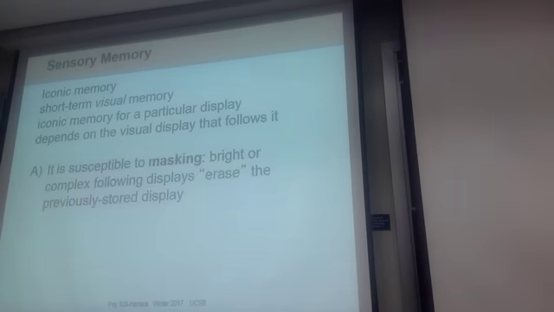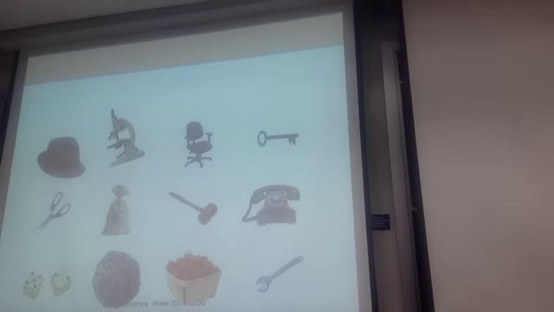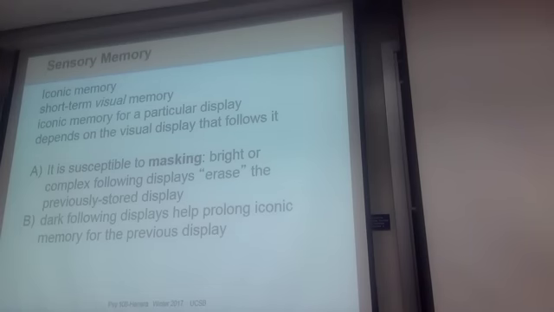So what I mean by that is, if you had this array like this, and then you were cued there, and then after it, this was pulled up on the screen, this would make it much harder to remember that top line, because now we've got something else that's interfering with that. So this is the masking effect.